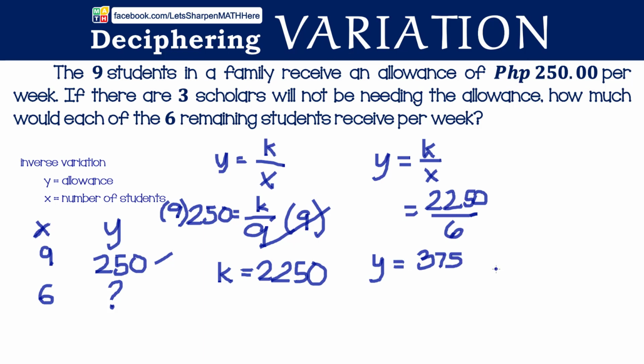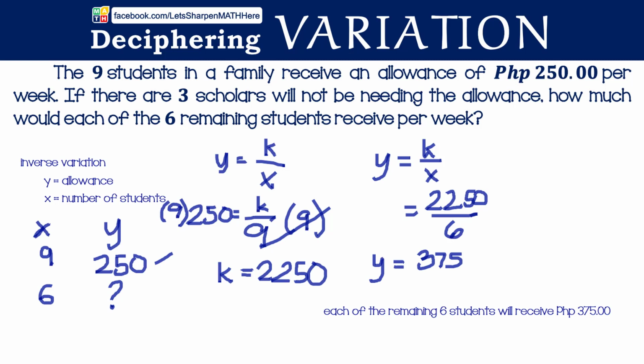Or in the case of our problem, 375 pesos. In sentence form, you could say that each of the remaining 6 students will receive 375 pesos. So this is the result for this problem.